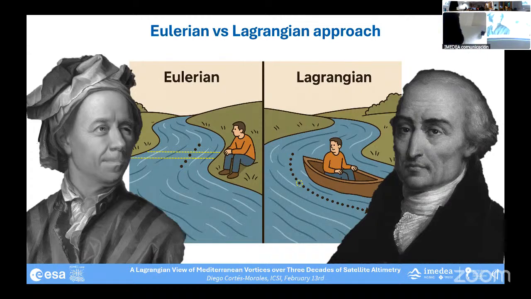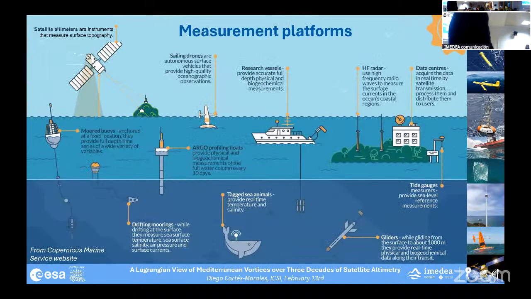These two perspectives are used in the platforms that we use to measure the ocean. Here you have a very nice illustration of all the measuring platforms that we use in the ocean, credit to the Copernicus Marine Service. There are a bunch of different platforms.